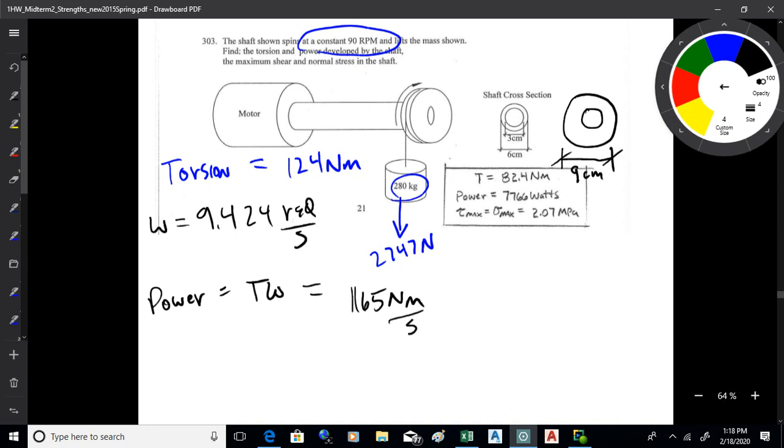It's a watt, I think. And then the last little bit here is you got tau max and sigma max. They're equal to each other. They're TR over I. And that's going to be 3.11 megapascals for that. There is kind of an implied plus or minus on these. So, yeah. But I'll just call it 3.11 megapascals.